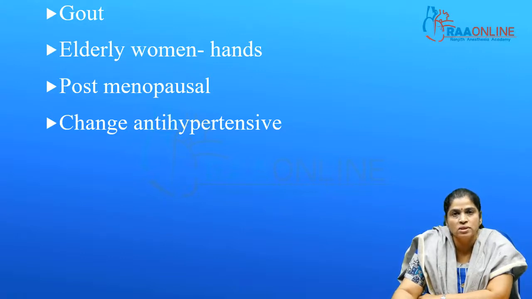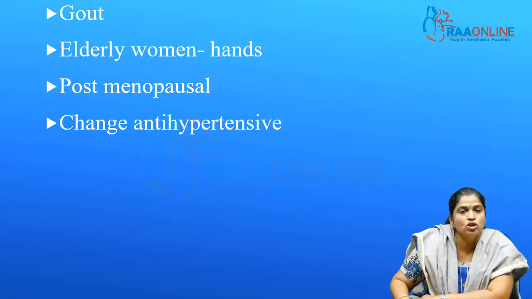It is the opposite case in men and in the other age groups as well. And women tend to get gout only post-menopausally. That's because when they are in the reproductive period, if they menstruate, they lose a lot of uric acid through that. So only in post-menopausal women you have to consider gout. In this lady, we changed the antihypertensive and that helped her quite a lot.